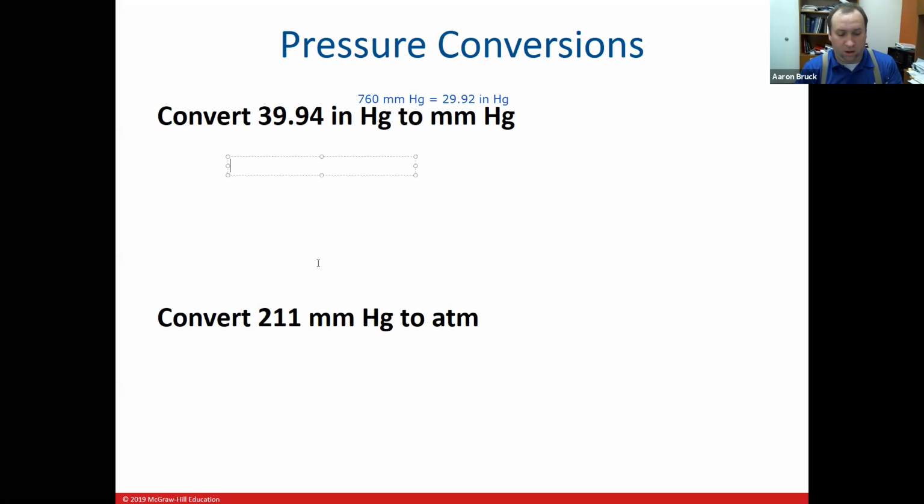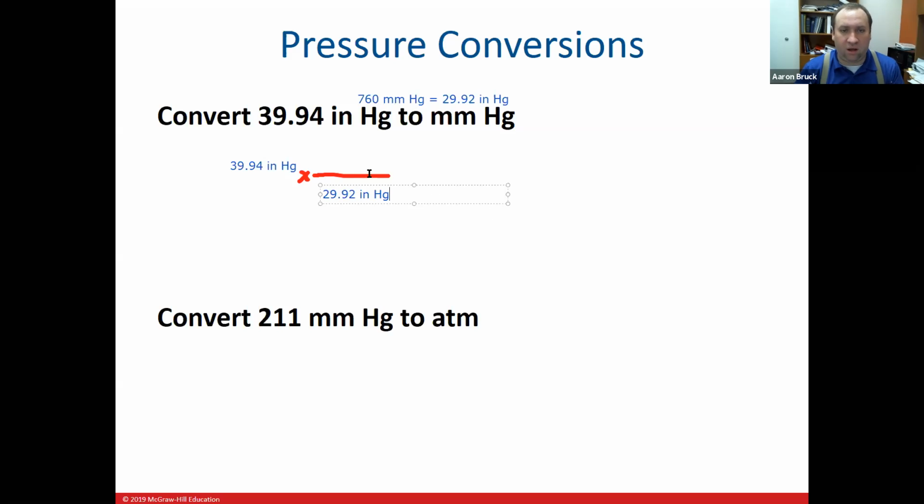So 39.94 inches of mercury multiplied by, inches of mercury need to go in the denominator, 29.92 inches of mercury for every 760 millimeters of mercury.